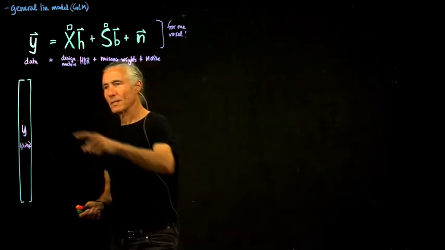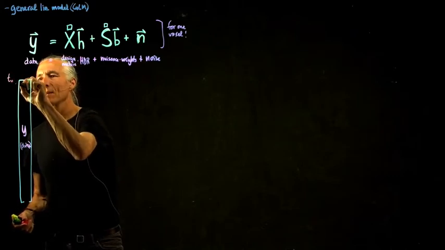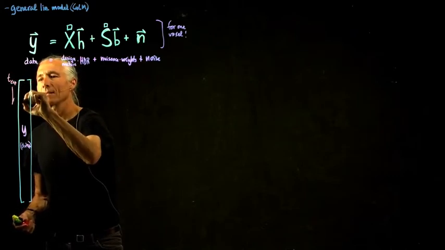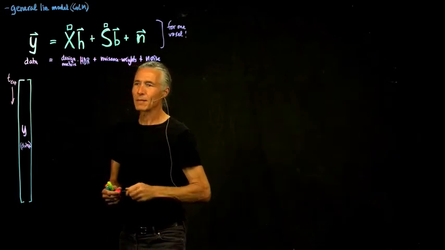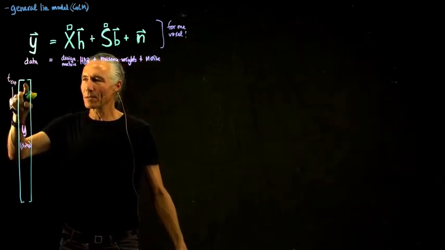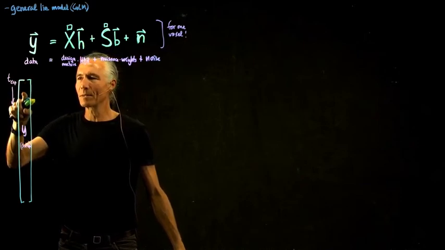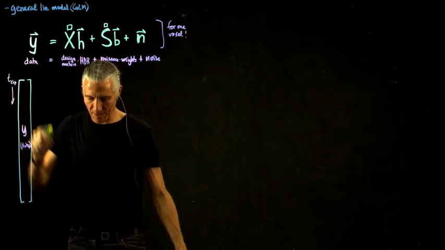So what is this? This is basically the time of the experiment going this way. These are all the time points of data. So this is the first volume, the brightness of the voxel in the first image, the brightness of the voxel in the second image, et cetera.